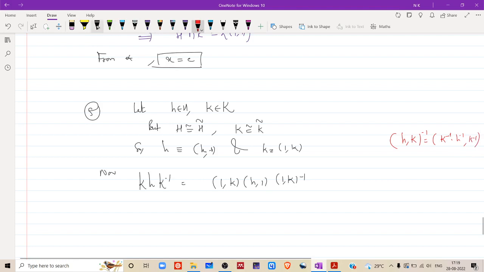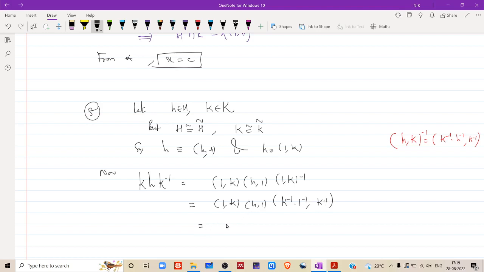If I substitute that value here, then it will be equal to (1, k), then (h, 1), and (1, k inverse). So k inverse dot h inverse means (1 inverse, k inverse), right? So you have to just do the multiplication here.